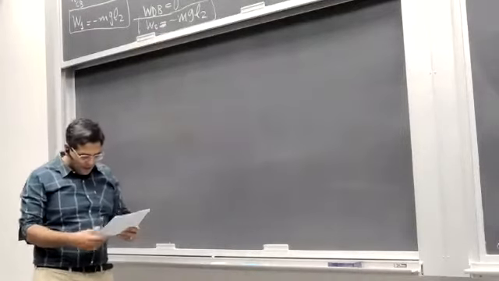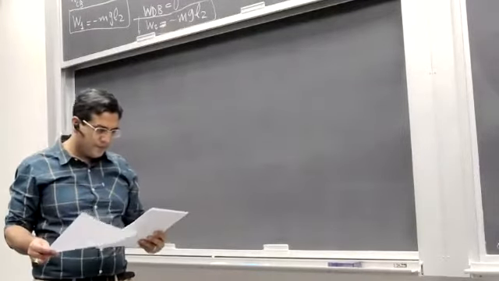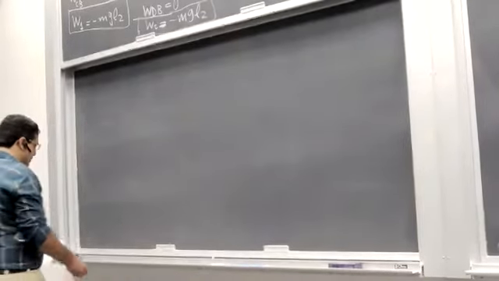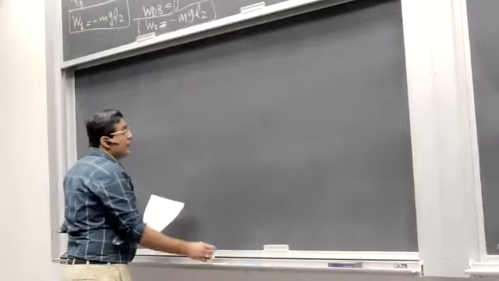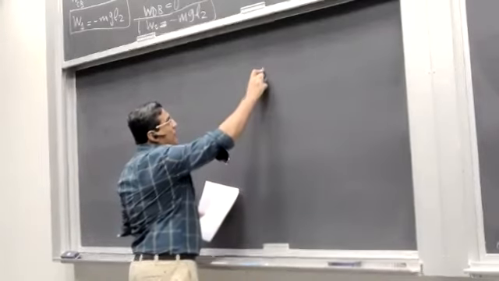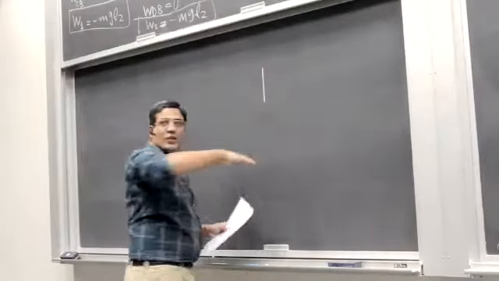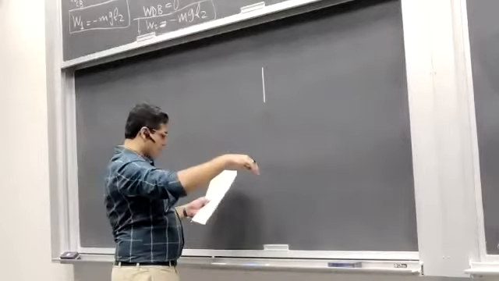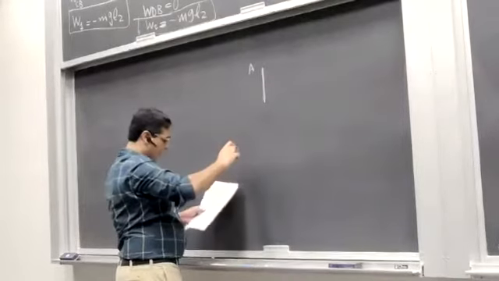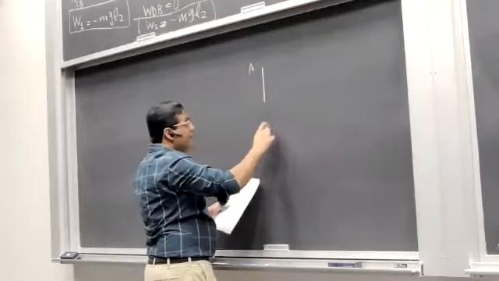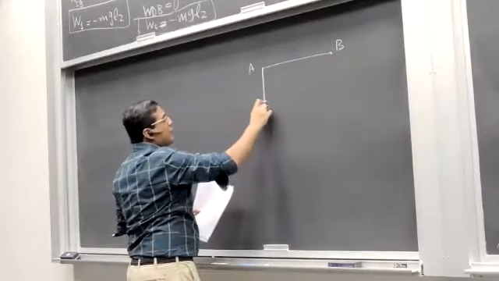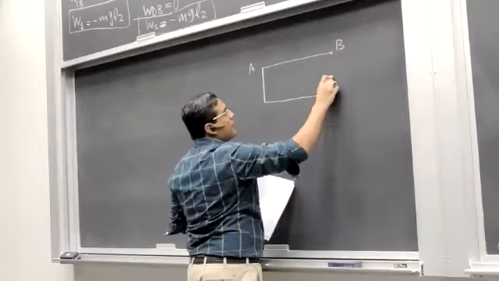So now an example of a non-conservative force. All right, so now let's say that you have a surface and we are looking from the top. On a horizontal flat surface, we have an object sitting at A, and we want to take it to point B. We take two relatively simplified paths.